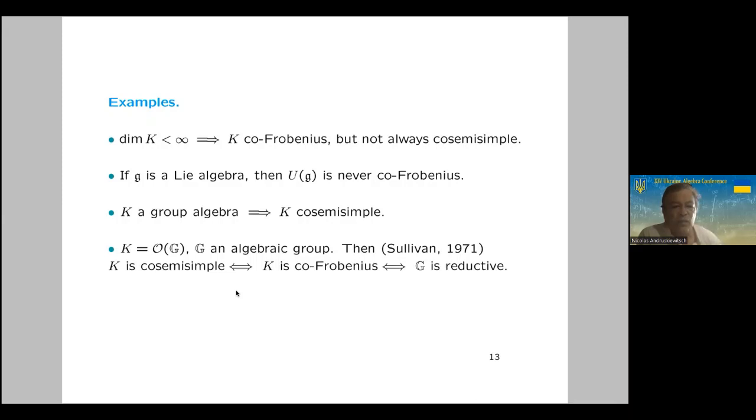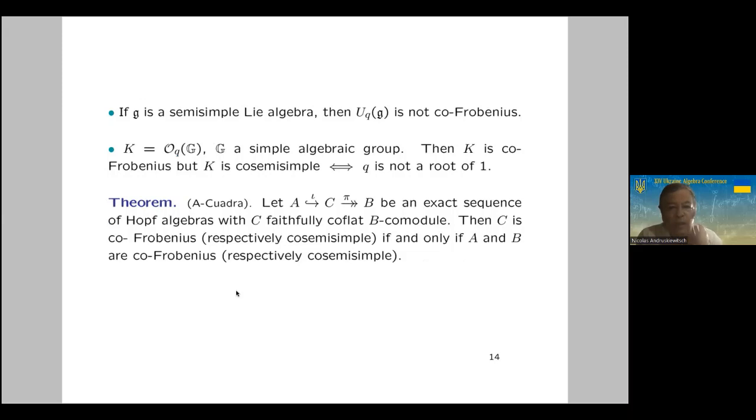And if you look at the algebra of functions on an algebraic group, then Sullivan in 71 proved that K is cosemi-simple if and only if it is cofrobenius, if and only if the group is reductive. If you go to quantum groups, if G is a semi-simple Lie algebra, then any of these quantized enveloping algebras U_q(g) could not be cofrobenius.